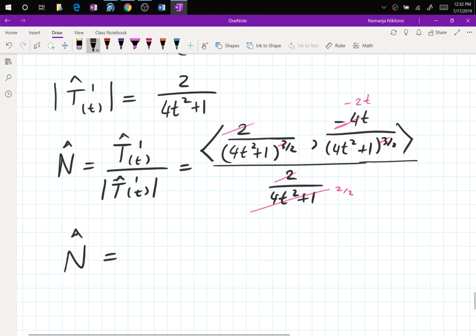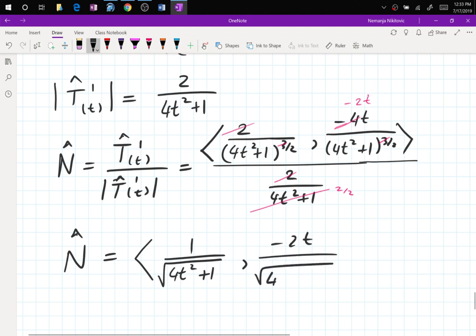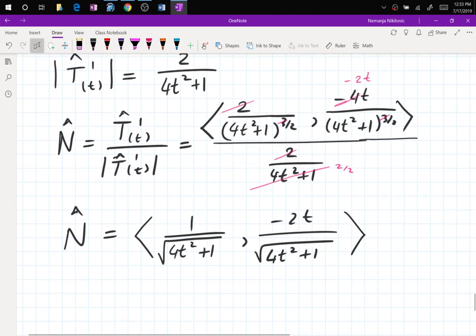So N hat is equal to 1 divided by the square root of 4t squared plus 1, because 1/2 is left, comma, negative 2t divided by the square root of 4t squared plus 1. Ta-da!